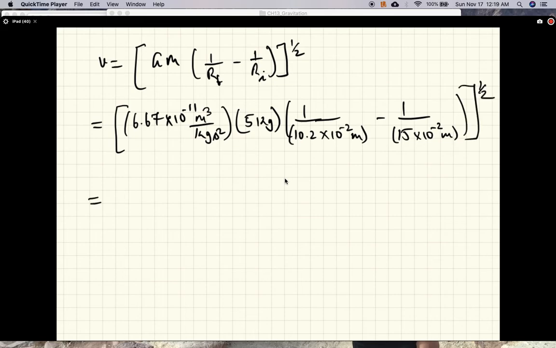Alright, again, let's take care of powers of 10 first. So this is 10 to the minus 2, that'll come to the top and become 10 to the 2.